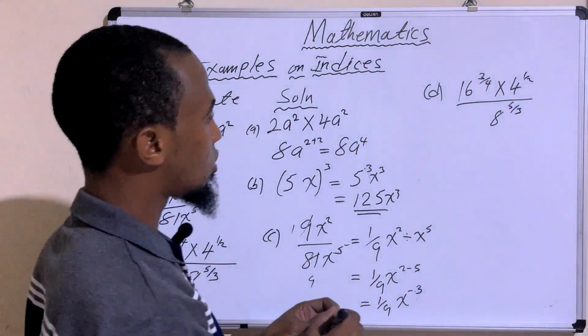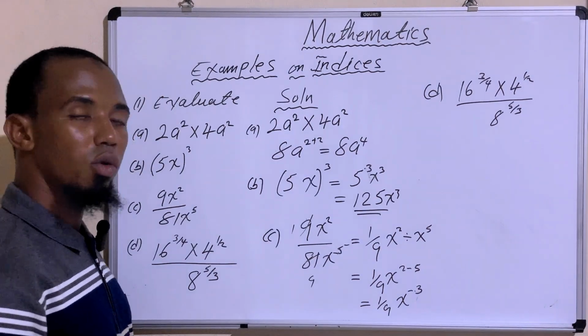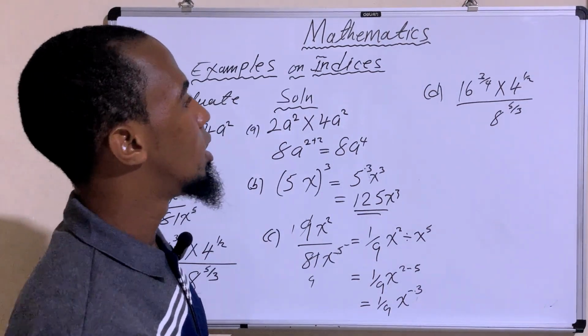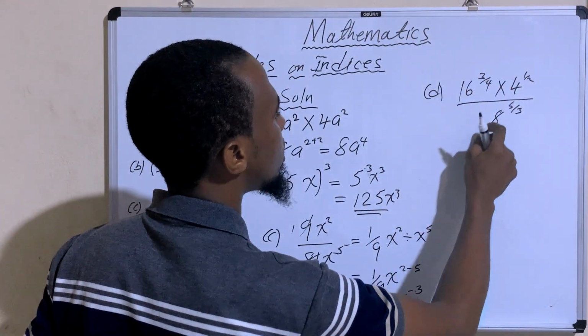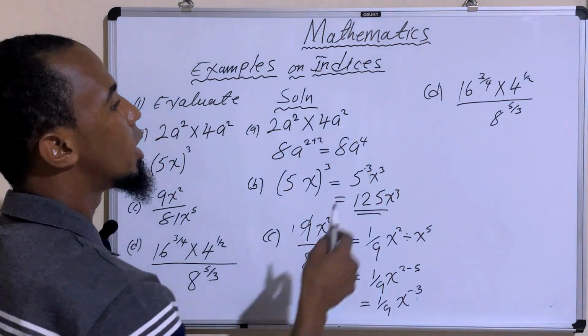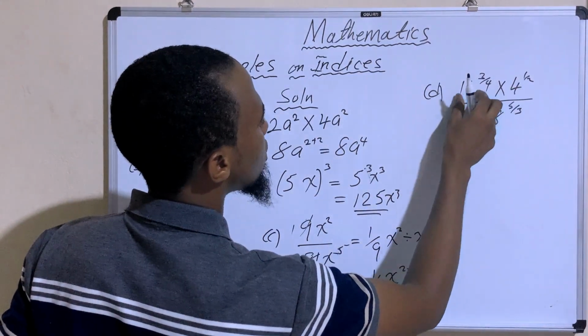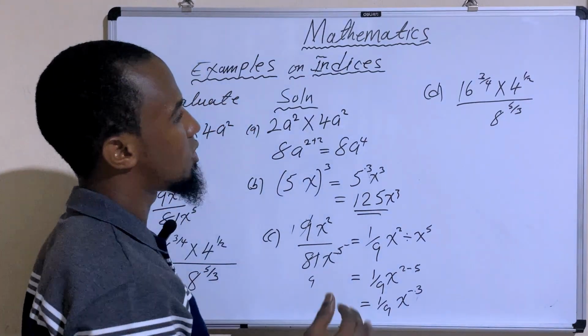Now here we can also apply something. This is from the root power law. Now here we are having 16 raised to this power and 4 raised to this power and 8 raised to that other power. First of all, let's convert these numbers to their simplest form.